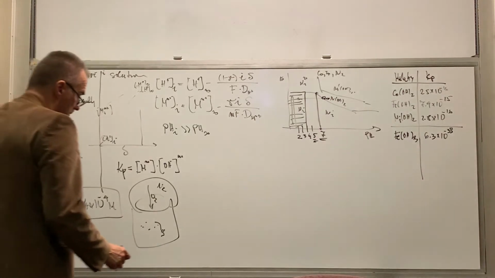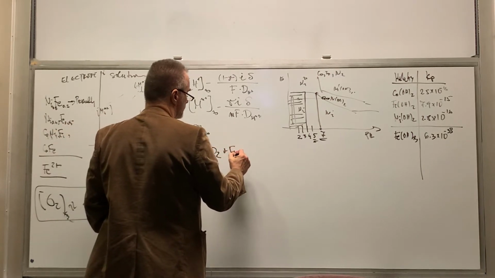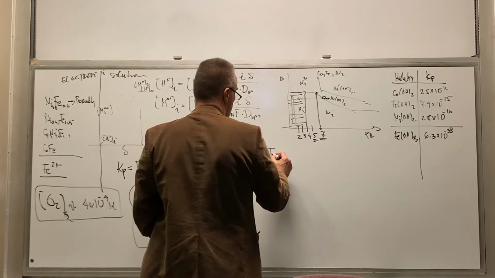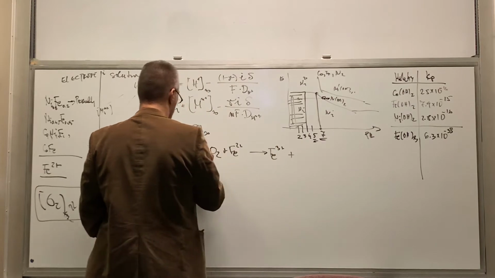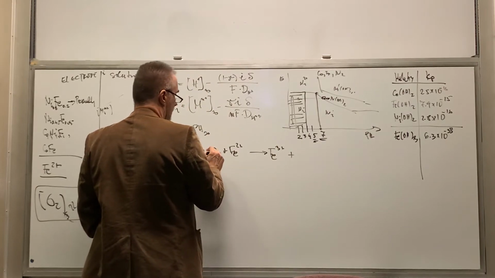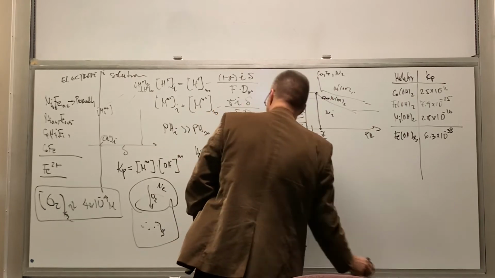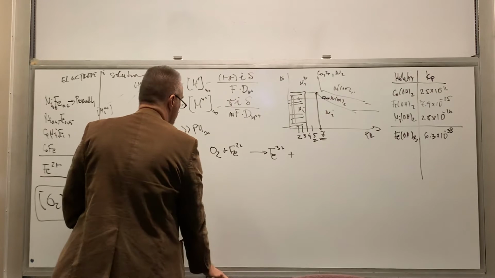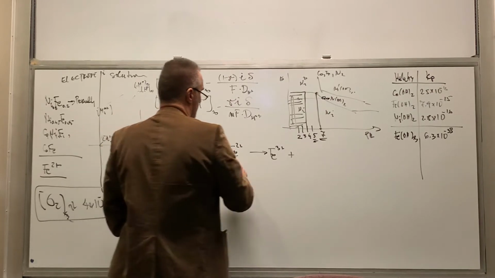So the first problem is obviously oxygen in the solution plus iron 2 plus gives you iron 3 plus and water. Let's say we are at low pH, so it's actually H plus, right? So H plus, whatever.